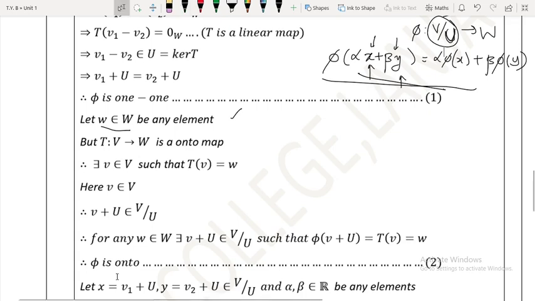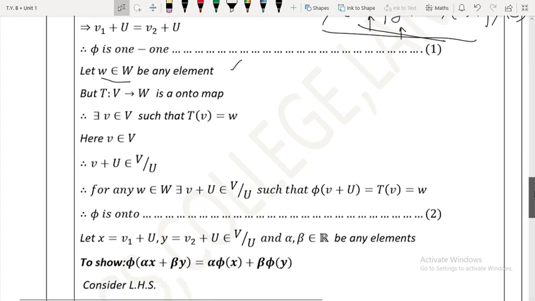So I have said let x is equal to v1 plus U and y is equal to v2 plus U belonging to V mod U, and alpha, beta belonging to R. You have to show this: phi of alpha x plus beta y is equal to alpha times phi of x plus beta times phi of y.